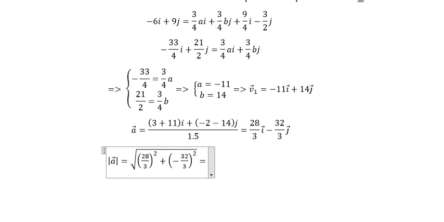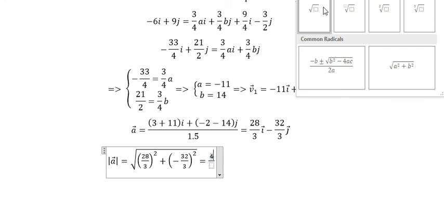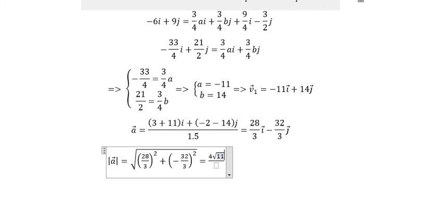You will get the answer, which is 4 multiplied with the square root of 113 over 3, in meters per second squared.